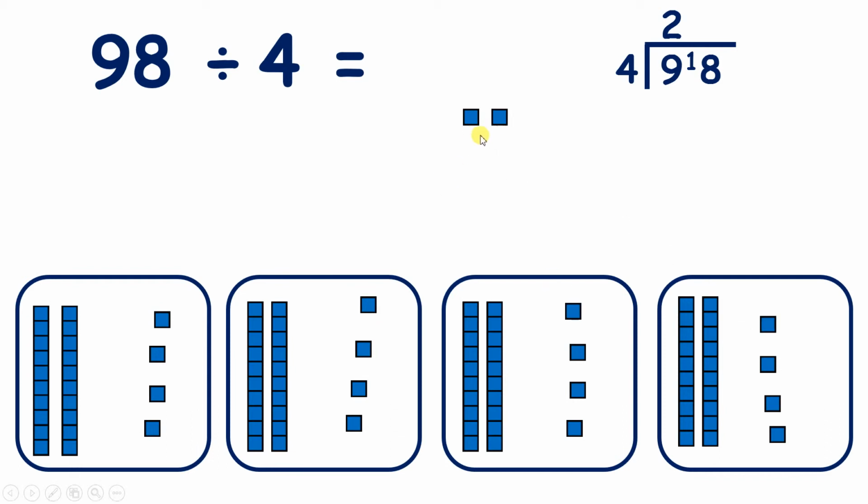But we can't share out these last 2 units. Otherwise, 2 of our groups would have more units than the other 2. So 18 divided by 4 is 4 remainder 2. So we have 4 units in each group and a remainder of 2. So 98 divided by 4 is 24 remainder 2.